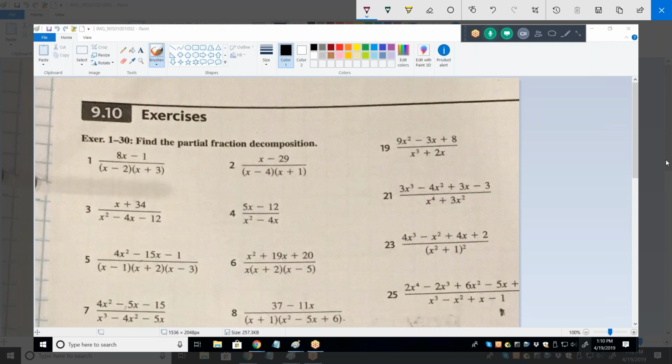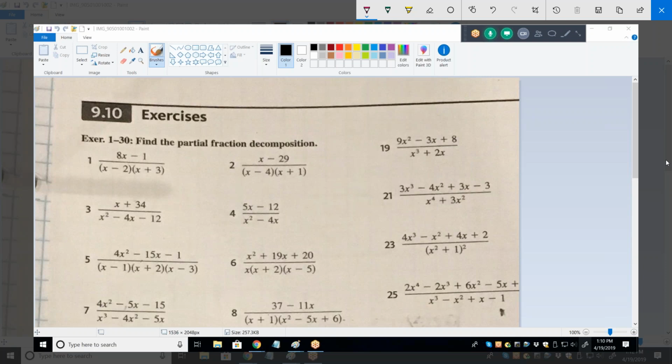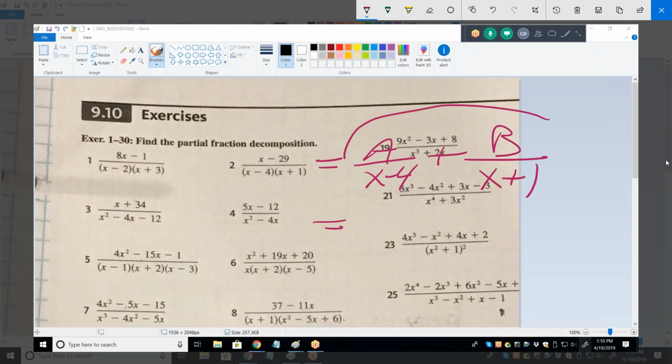Try number 2, another simple one. What is that going to equal? That's the first step. So that is A over (x minus 4) plus B over (x plus 1). Okay. So now, work on the right side.